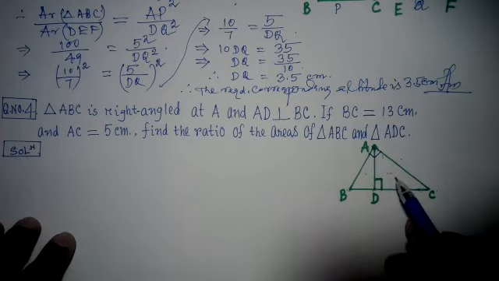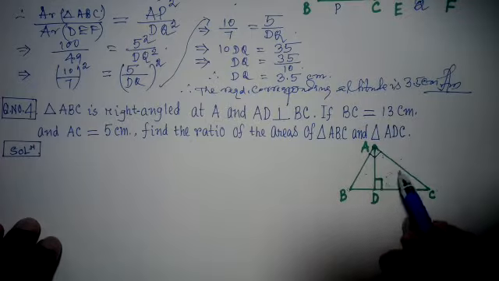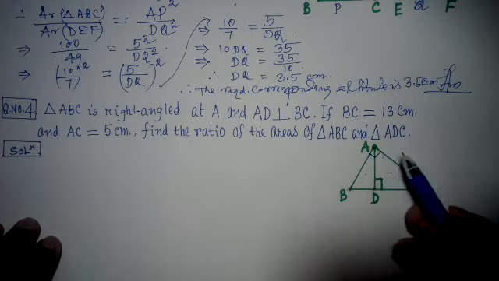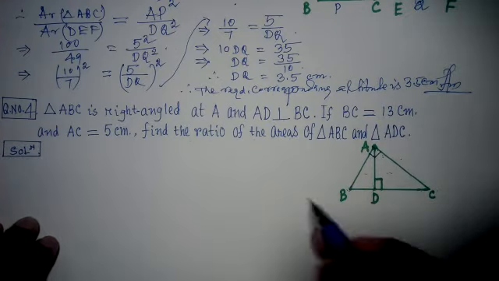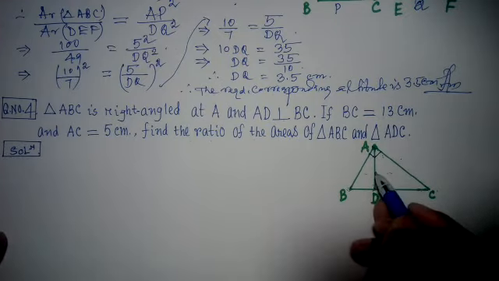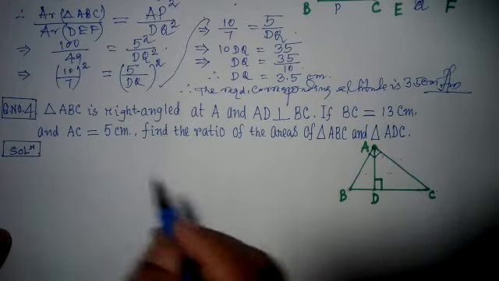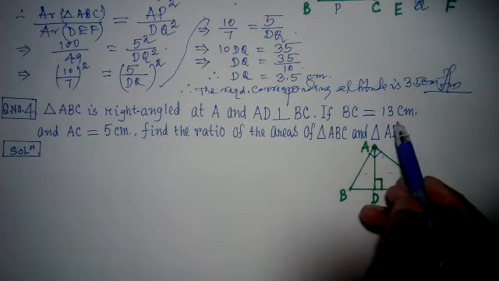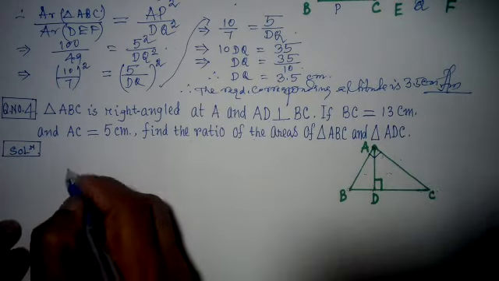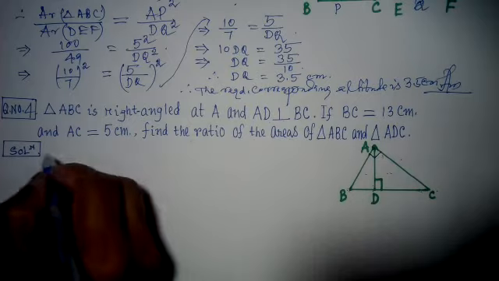They are similar, and each of them is also similar to triangle ABC. We can prove it, so let us write it like this.